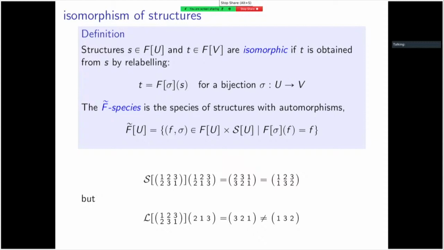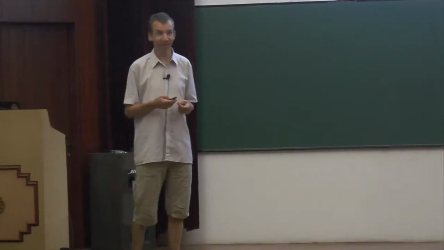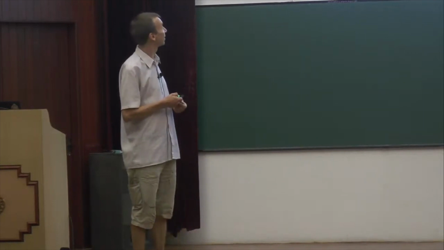And now I put this in normal form. This becomes the permutation 1, 3, 2. If I do the same on a linear order, so here's my linear order 2, 1, 3, that's the second line here, I replace all the ones by 2 and so on. I get something different. Okay, so isomorphism of structures actually has a meaning, there's an interesting thing.